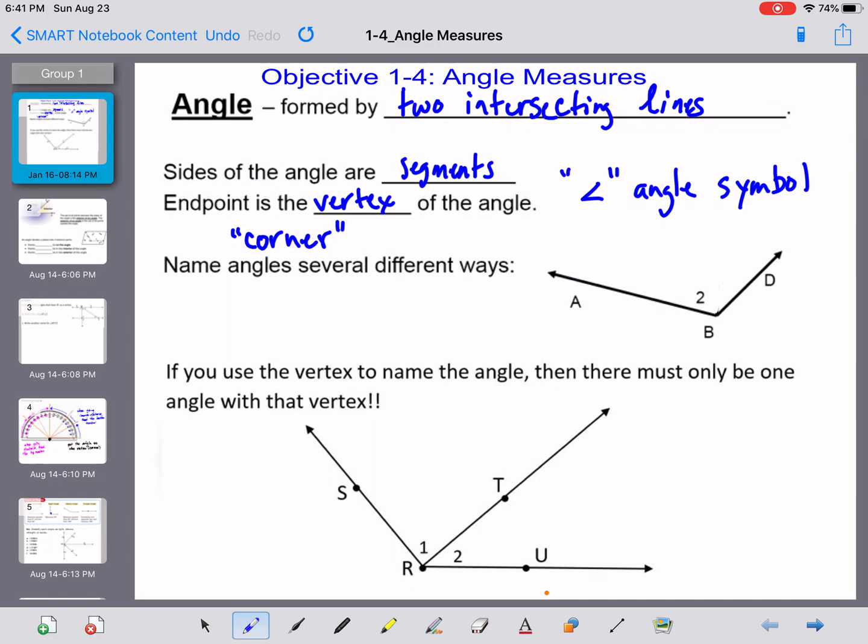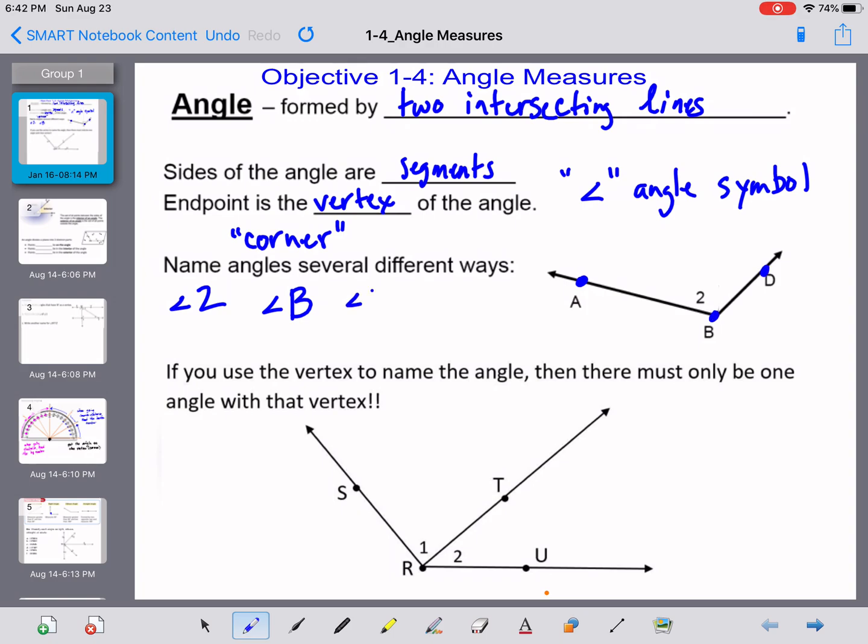We can name angles in several different ways. In our first little example right here, we can just use that number 2 and we could say angle 2. We could also just use this one letter since that's the only corner there, and we could call that angle B. Or if we wanted to make sure we were completely understanding what angle we're talking about, we can use these points that surround the angle.